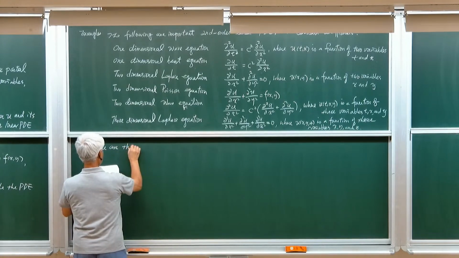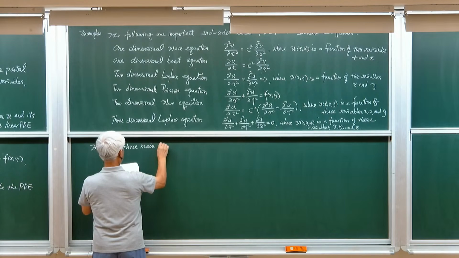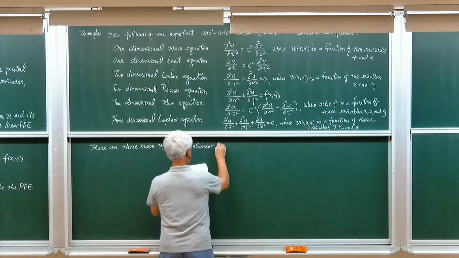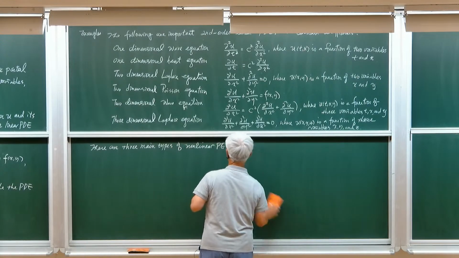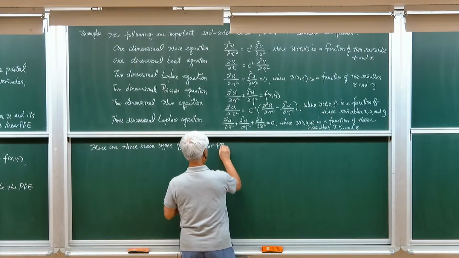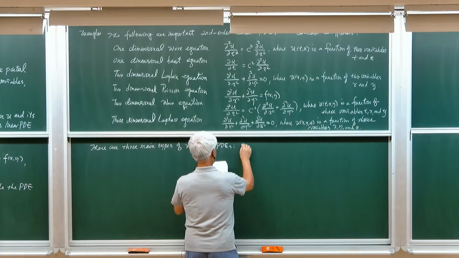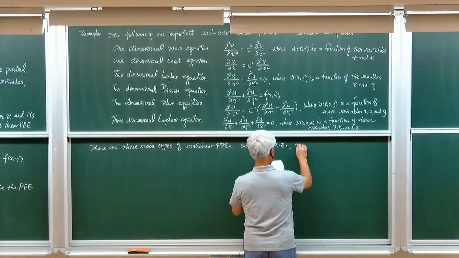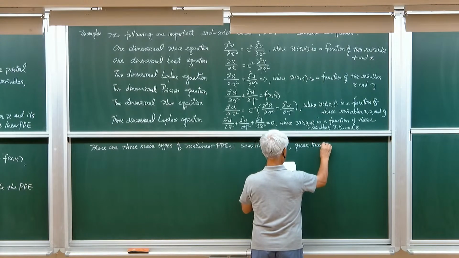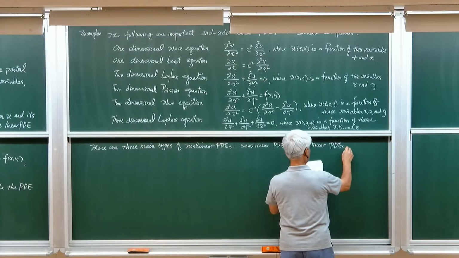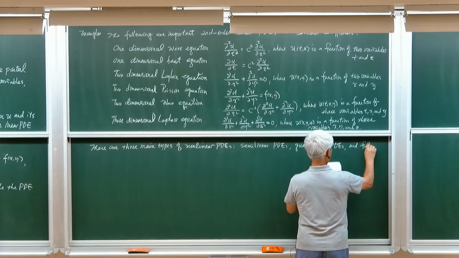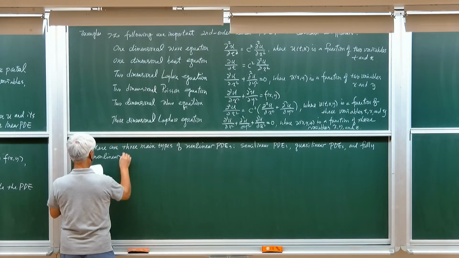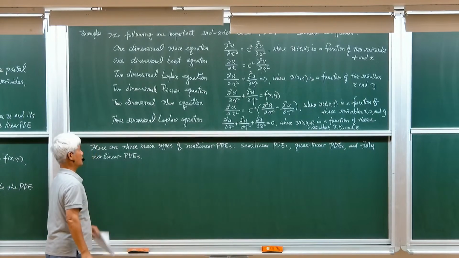There are three main types of nonlinear PDEs: the semi-linear PDEs, the quasi-linear PDEs, and the last one, the so-called fully nonlinear PDEs.